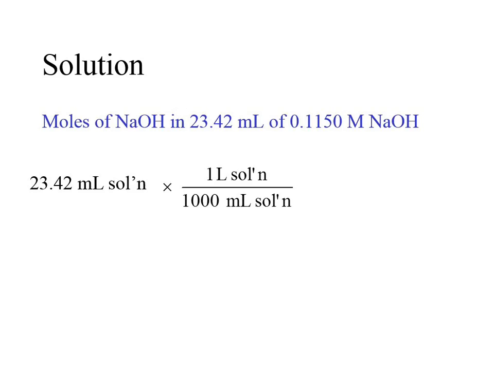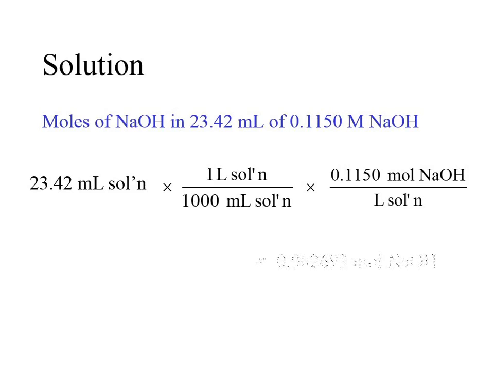Now we're ready to introduce the molarity of NaOH, 0.1150 moles NaOH per 1 liter of solution. So units that have canceled are milliliters and liters, and we're left with moles of NaOH. Rounded to 4 significant figures, I get 0.002693 moles NaOH.